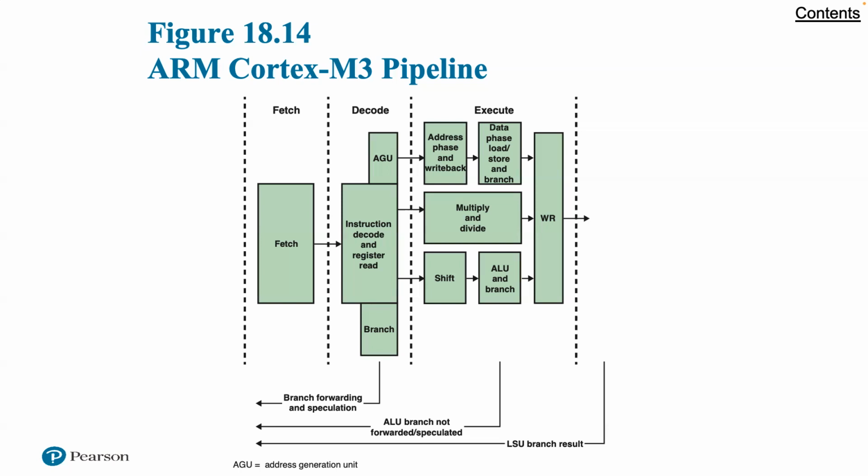Branch forwarding increases the performance of the core because branches are a significant part of embedded controller applications. Branches affected are program counter relative with immediate offset, or those that use the link register LR as the target register.